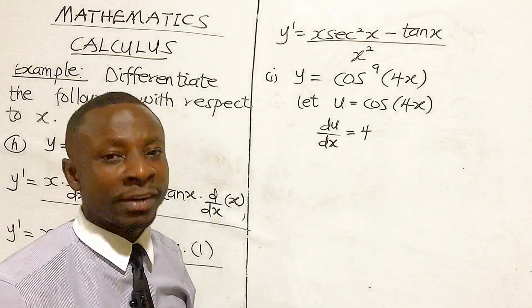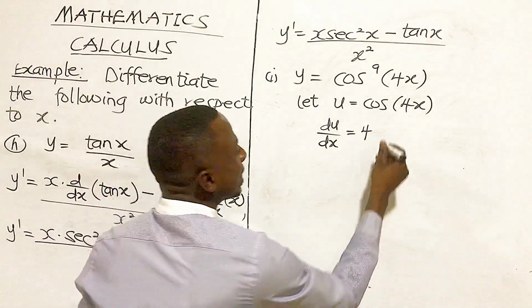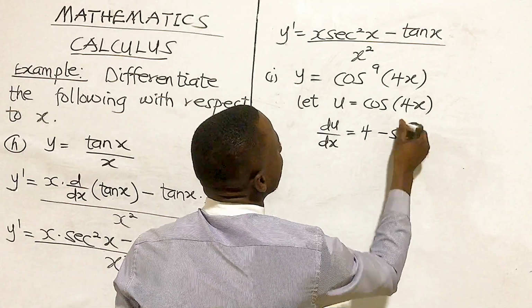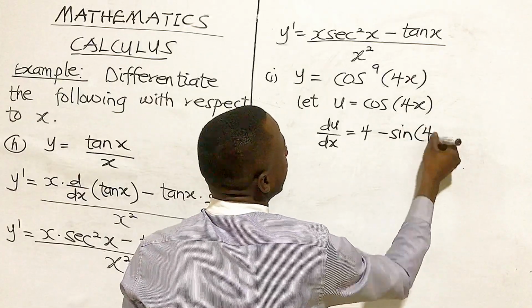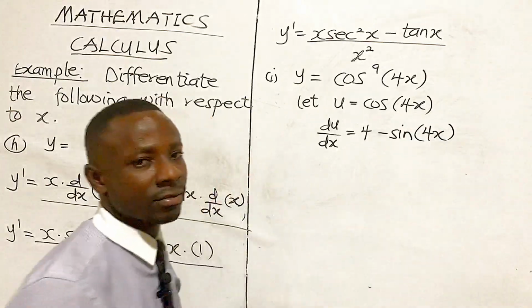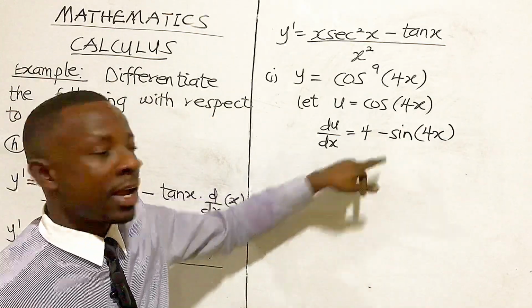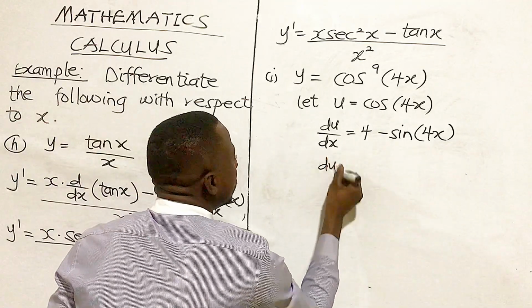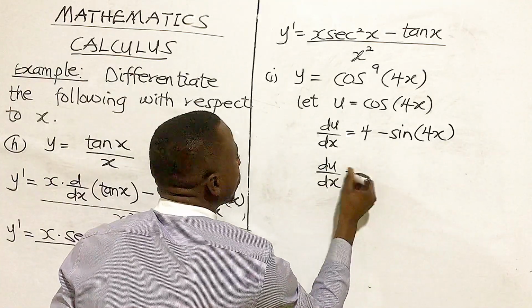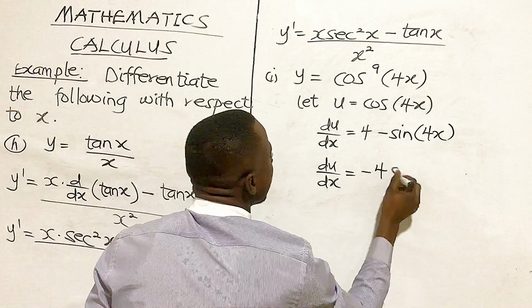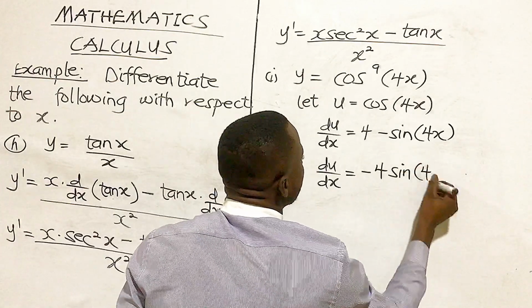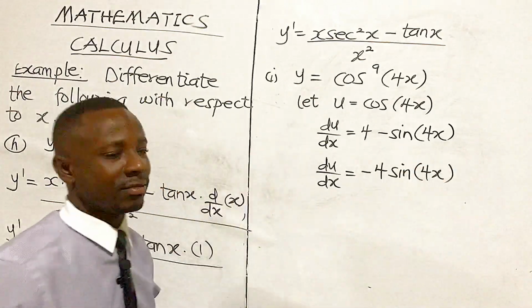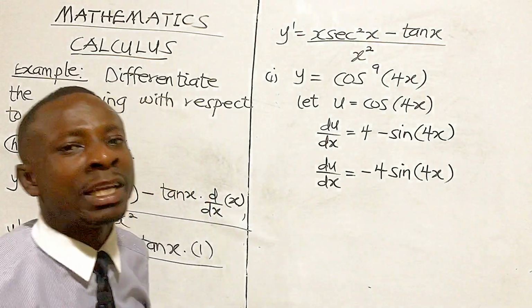And when I differentiate cos, I am getting negative sine of the function, which is 4x. So because of the negative I have here, I'll get du over dx to be negative 4 sine of 4x. So this is going to be the differential.